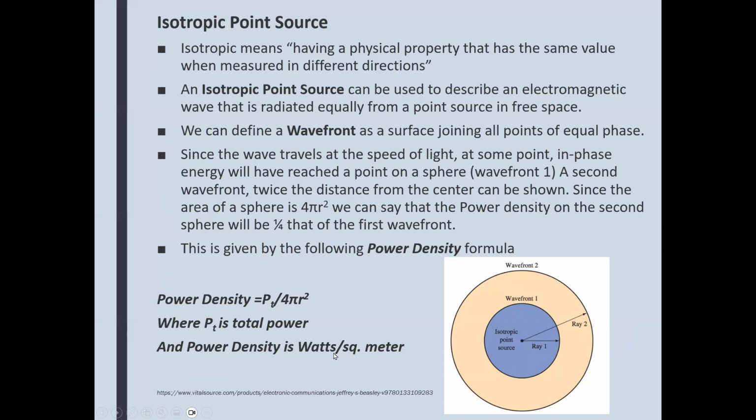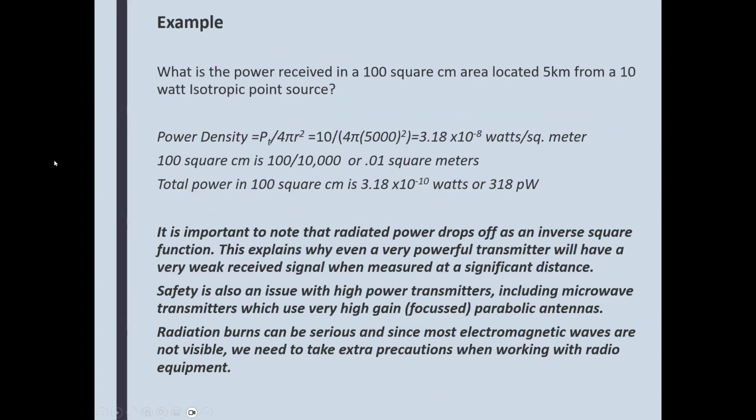So from that, we're going to get the watts per square meter, and we just have to proportionalize it to translate it into how many watts we're going to get per 100 square centimeters. So we just have to translate that into proportions, and the total power in the 100 square centimeters is going to be 318 picowatts.